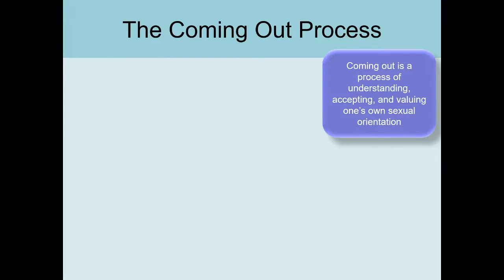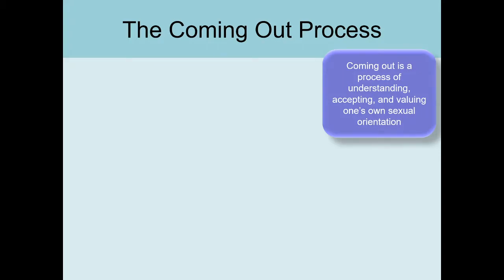It's a process of really not necessarily trying to convince the people around you that this is your sexual orientation, but instead it is really about the person themselves coming to understand, accept, and value their own sexual orientation.